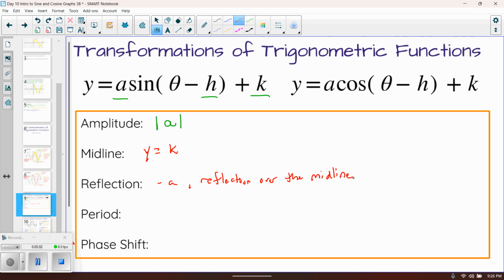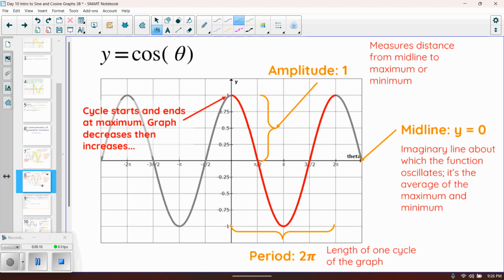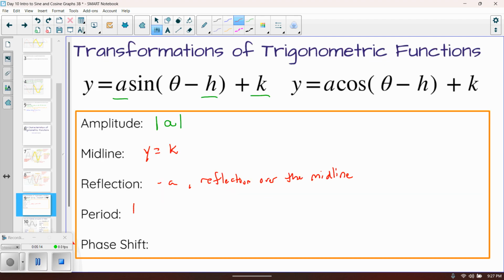The period, the amount of space it takes to go through one full cycle. How did they define it? I'm going to just define it the same way they defined it in the previous page. The length of one cycle of the graph. So we'll say the same thing. It is the length of one cycle of the graph.